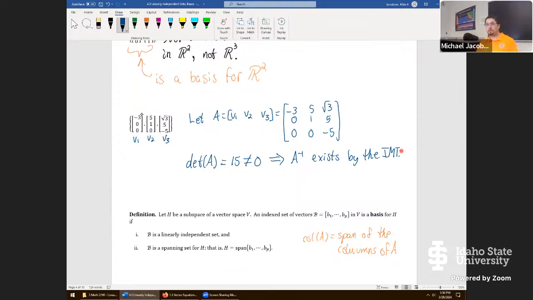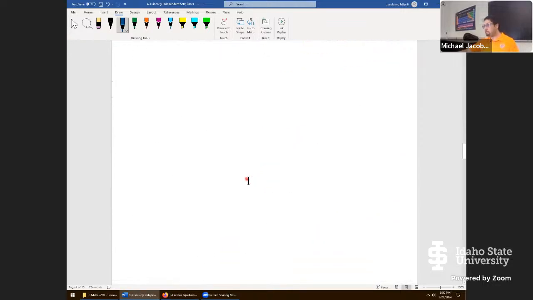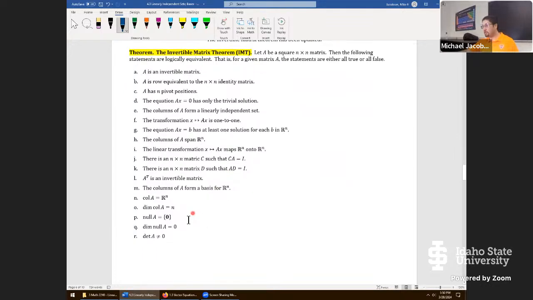Now, if we look at the invertible matrix theorem again, we know what's in there. There's spanning and linear independence all wrapped in one. But now it's been updated in this chapter. There's also just this statement right here. The moment you know your matrix is invertible, its columns will form a basis just immediately. That's kind of nice. If you can just see the pivots, that'd have been just a fine way to go as well.